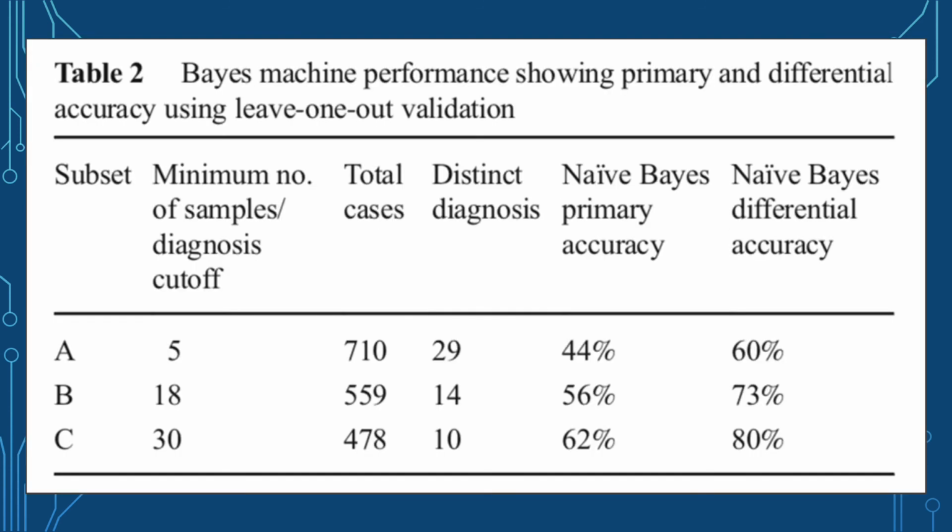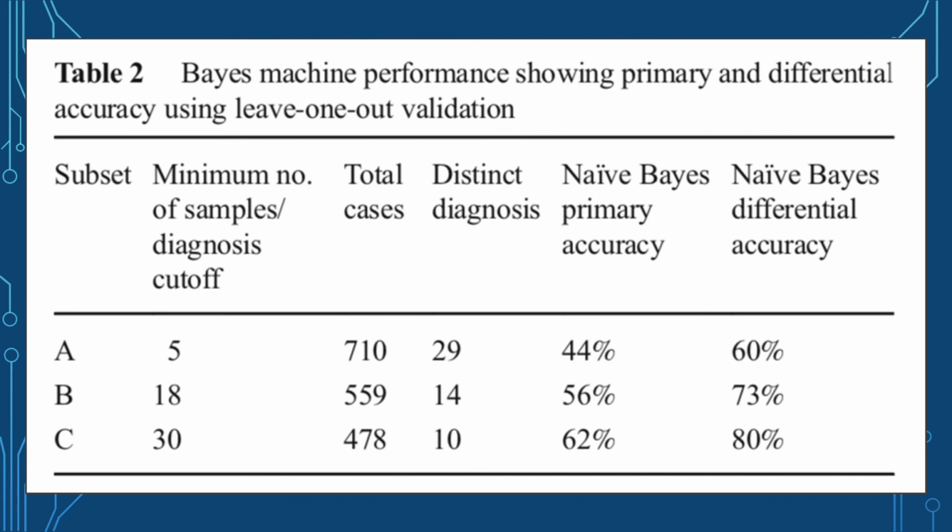They then tested their model against the cohorts described earlier. Recall that Cohort A is the most inclusive and includes common, uncommon, and rare diagnoses, while Cohort C only includes the top 10 most common diagnoses.